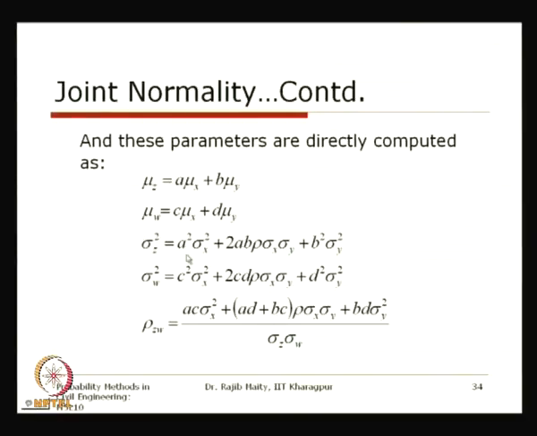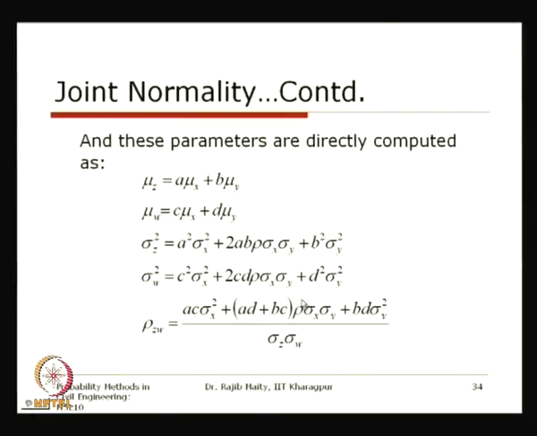The variance of z, you know, is multiplied by the square of the coefficient: a square sigma x square plus b square sigma y square, plus a factor if they are not independent, that is 2ab rho times the product of their standard deviations. Similarly, sigma w square is expressed through this, and rho zw can also be expressed through this expression using the correlation coefficient between x and y.